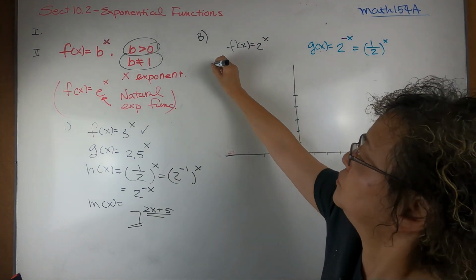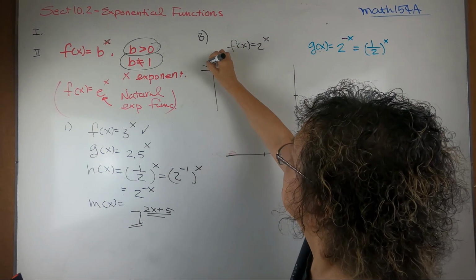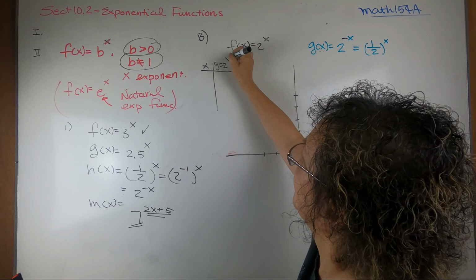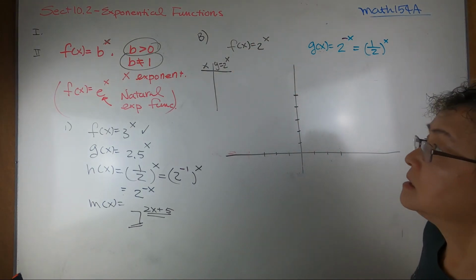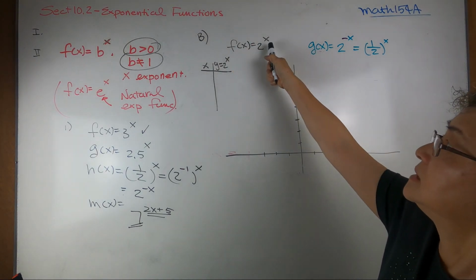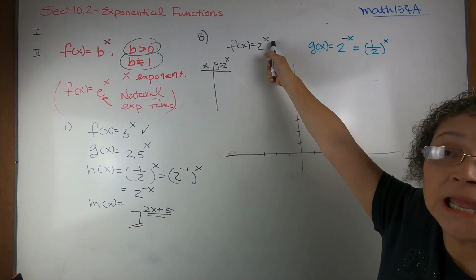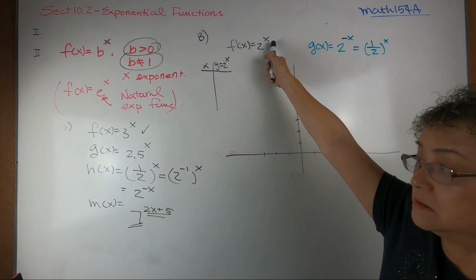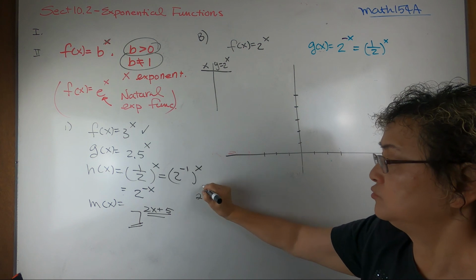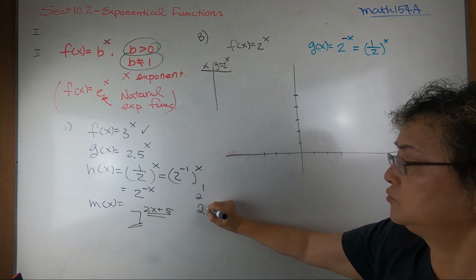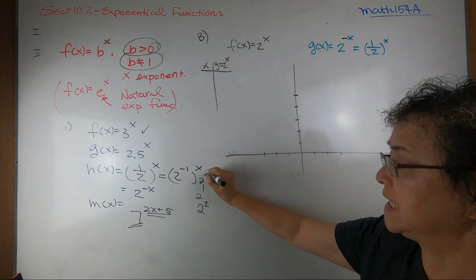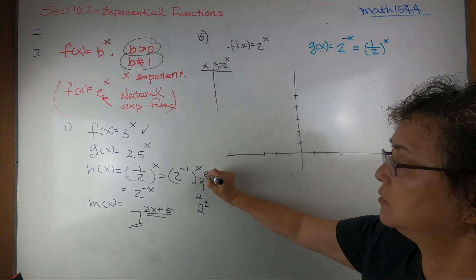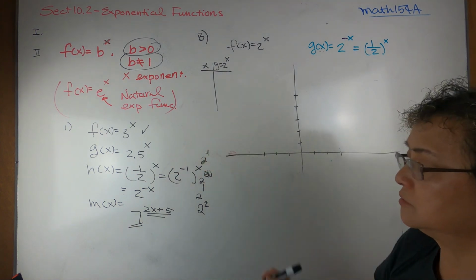So what should we do? Always do your t-table. Okay? So what kind of numbers can we put in for x in the exponent? 2 to the 1 power, 2 to the 2 power, 2 to the negative 1 power, or 0, or negative 1, negative 2. Can we do that?